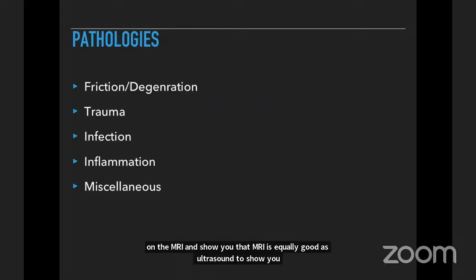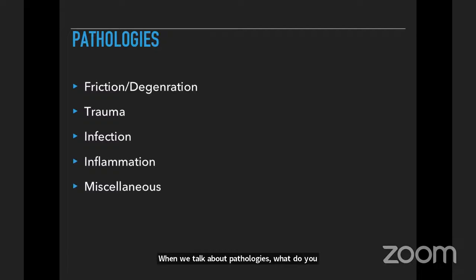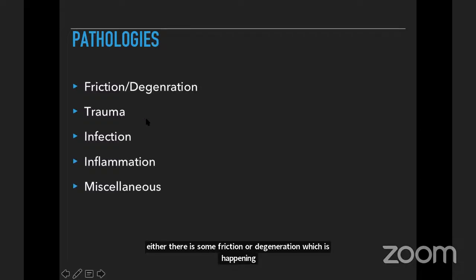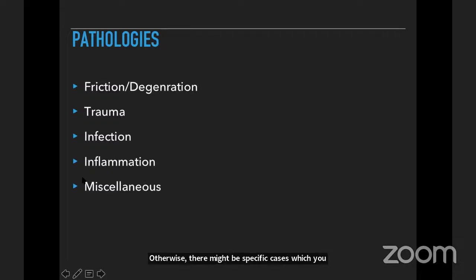When we talk about pathologies, what do you think would be the cause of tendon abnormalities? Either there is some friction or degeneration happening. Otherwise, there might be specific cases from trauma, infection, inflammation, or some other causes as well. But the most common would be the first category, which we will see as we move forward.